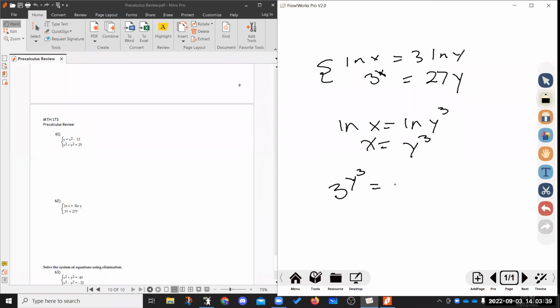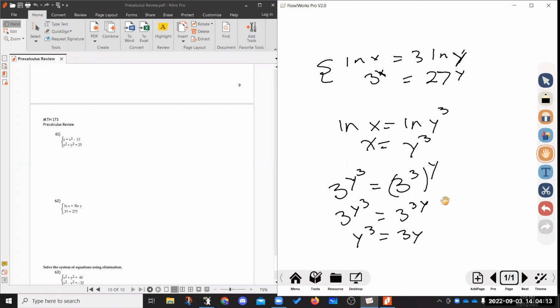I'm almost certain that's supposed to be to the y power, because I don't think I can solve this without it. It's going to be like this: 3 to the third to the y power. So that's going to be 3 to the 3y, so y to the third is equal to 3y.